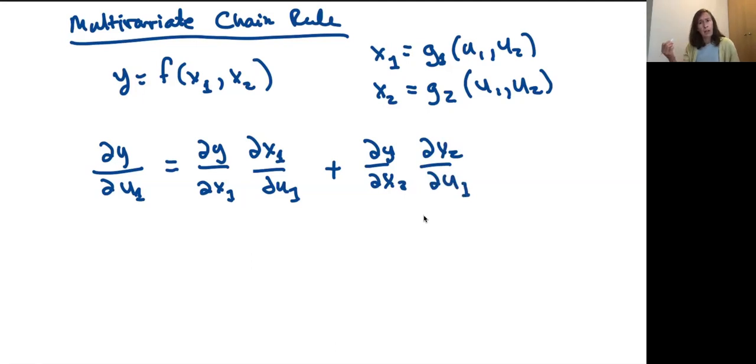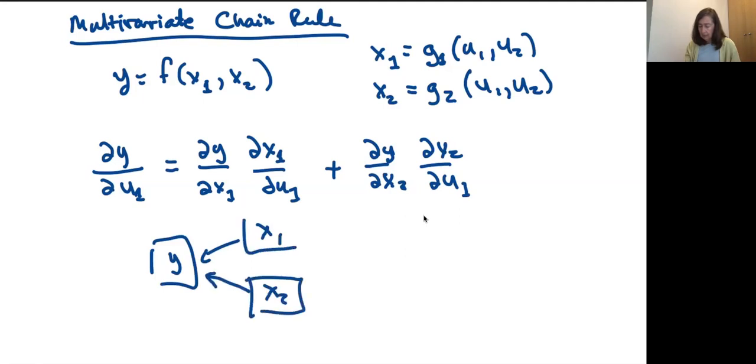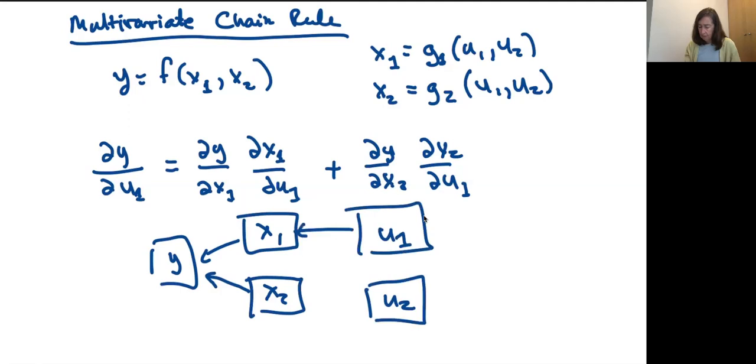When you're doing chain rule things, if you feel like it's getting a little bit complicated, you can always help yourself out by drawing a little picture. Here, y is being affected by x1 and x2, and these are being affected by u1 and u2. u1 is affecting both x1 and x2, and u2 is affecting both x2 and x1 here.